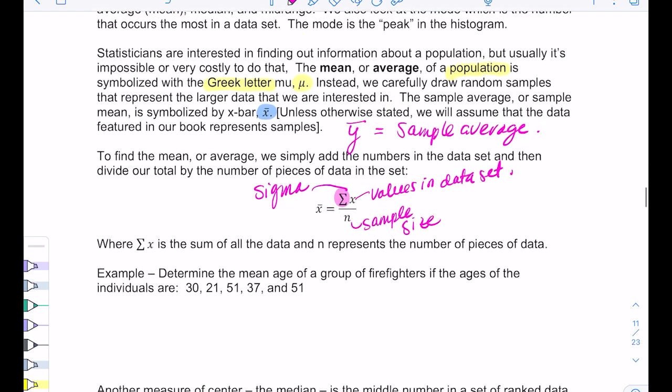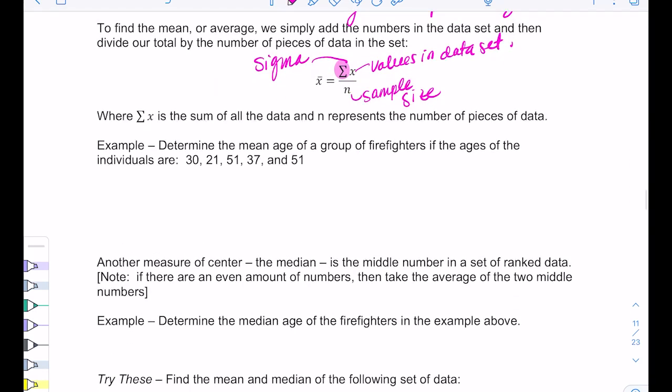Let's take 5 firefighters' ages and find the mean. That's a sample of all the firefighters in the world. I'm finding X bar, and X bar is the sum of all the values divided by the number of values in that set.